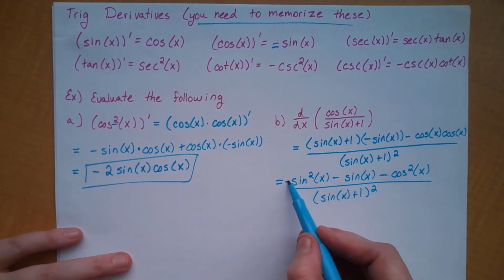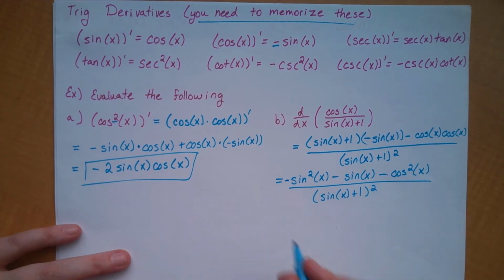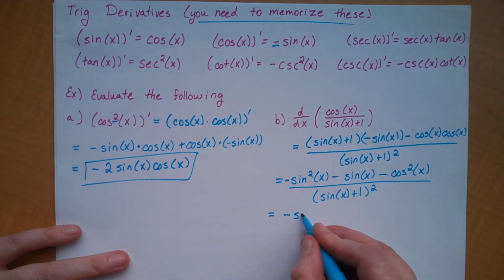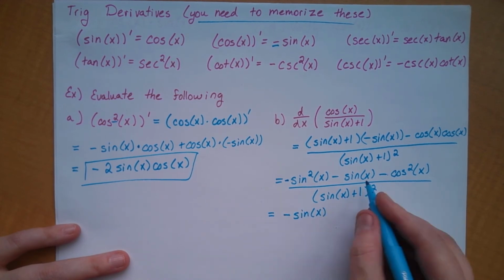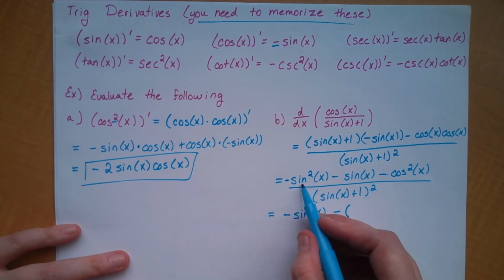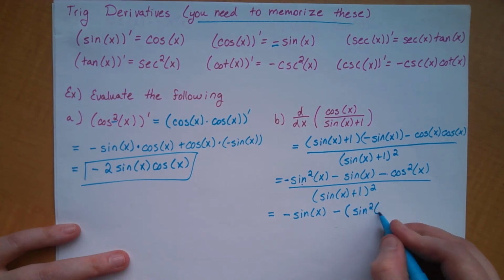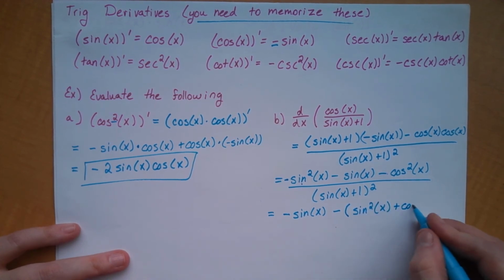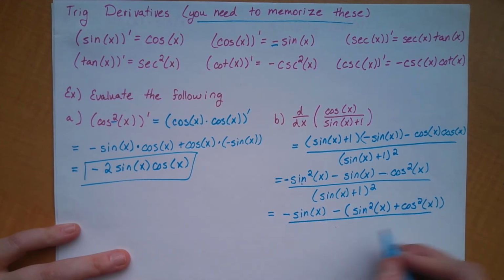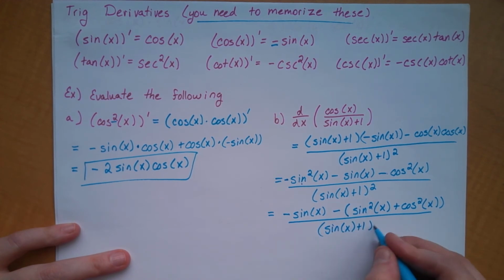Well, I have a negative sine squared x here, and I have a negative cosine squared x here. So what I can do is I can put those together. So negative sine x, I'll put that guy in front, minus, now if I factor out a negative out of here and here, I can rewrite these as sine squared x plus cosine squared x divided by sine of x plus 1 squared.